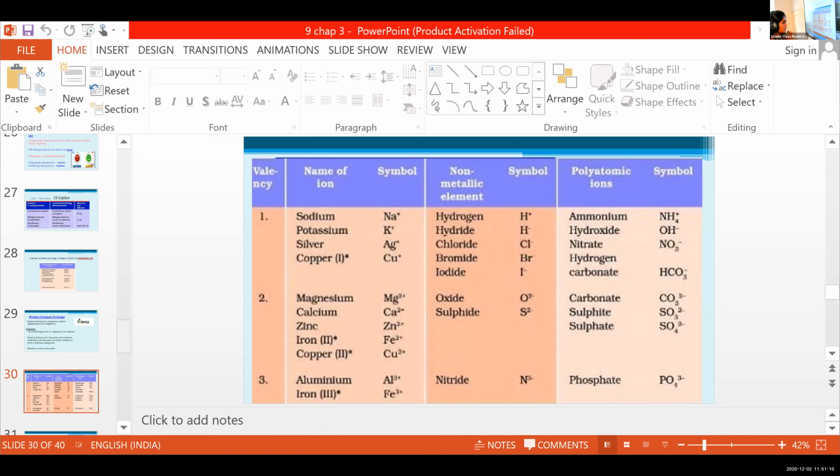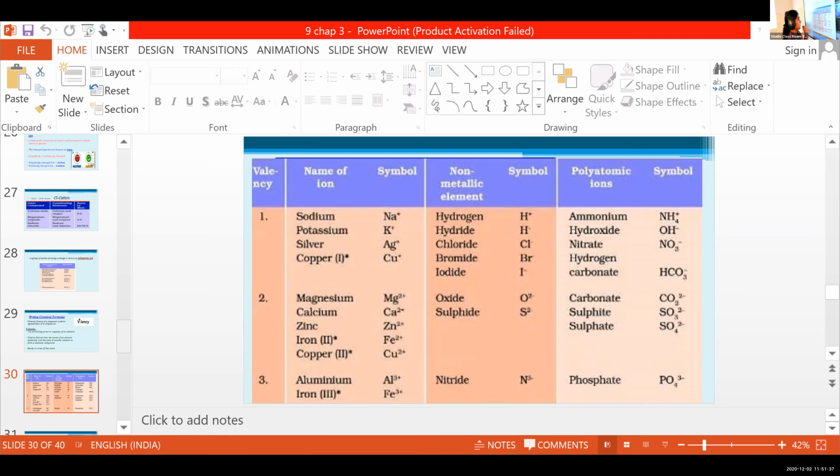Is this clear? If it's not clear, please look it up in your textbook. Read: ammonium, NH4 plus. Read like that, NH4 plus.